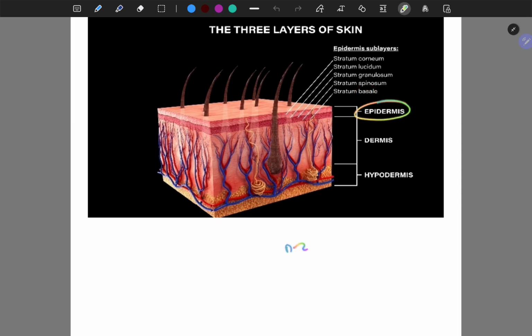The blood supply to the epidermis is by passive diffusion of nutrients and oxygen from the dermis. Blood vessels are present only in the dermis and hypodermis, not in the epidermis.